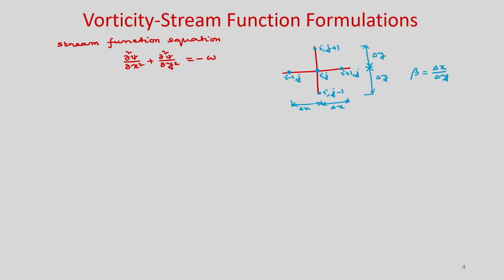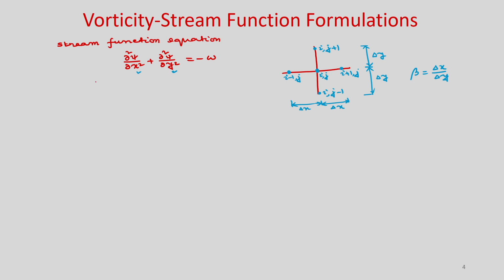So this is the second derivative of psi. We will use central difference approximation to discretize this second derivative, which is second order accurate. So we can write psi I plus 1 j minus 2 psi I j plus psi I minus 1 j divided by delta x square.